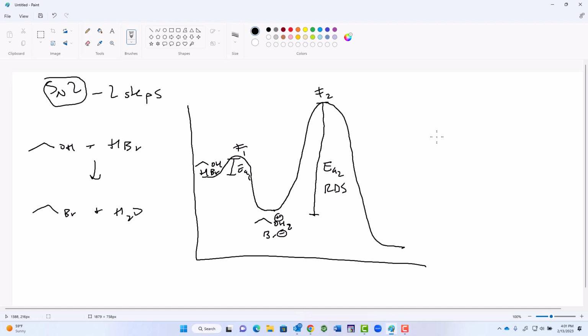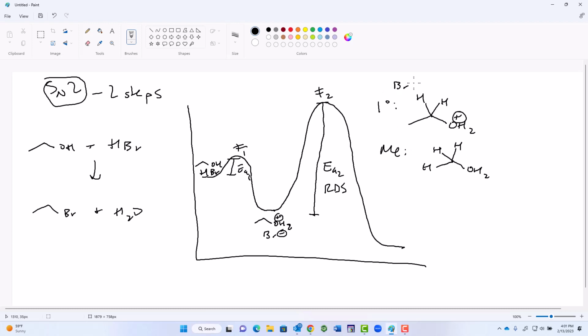If you can imagine, let's just look at this alcohol, and I'll draw the hydrogens in here. And I'll draw a similar alcohol. So this is our methyl alcohol, and this is our primary alcohol.